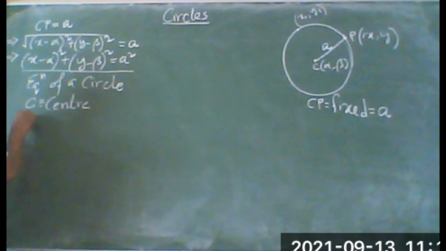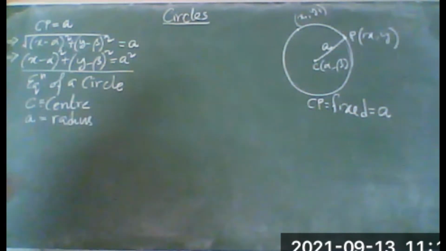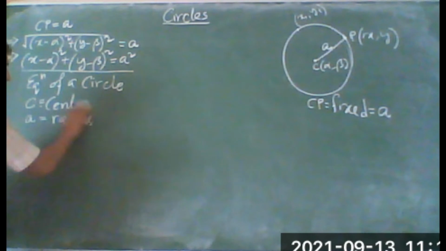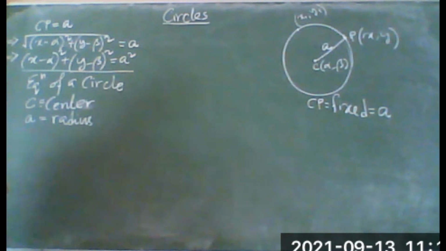This length A is the radius of the circle. These two things we can also say: C is the center, and A is the radius of the circle.